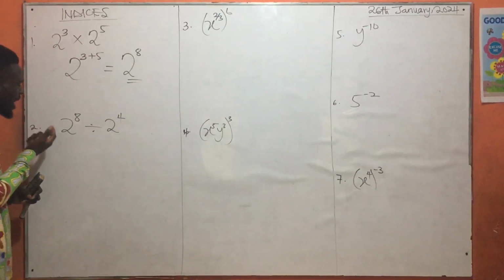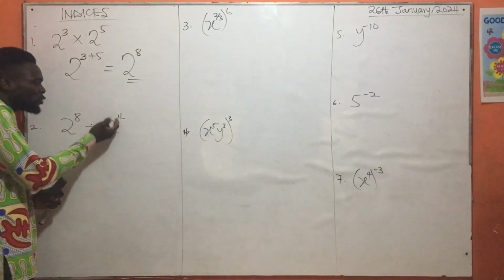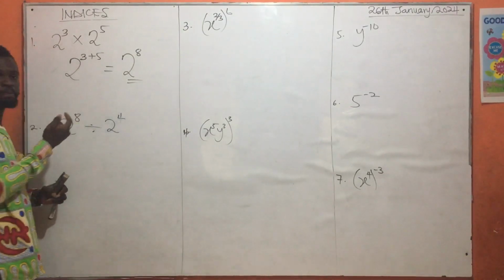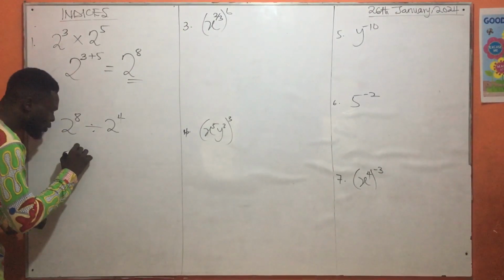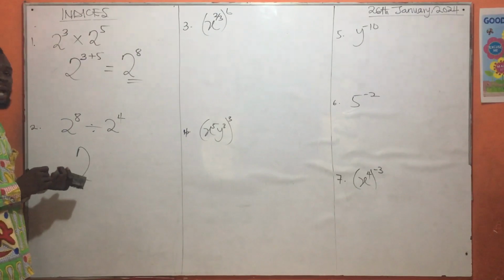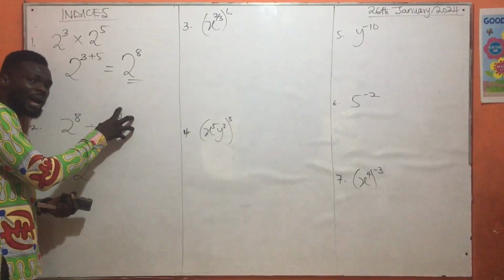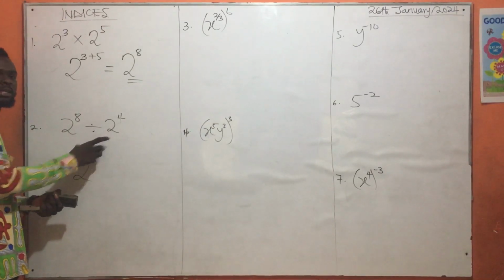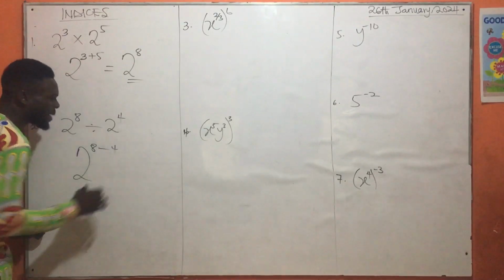So here we have 2 exponent 8 divided by 2 exponent 4. Because the bases are the same, we just pick one base. Because we are dividing this power by this power and we have the same bases, the second law is saying to subtract the powers.